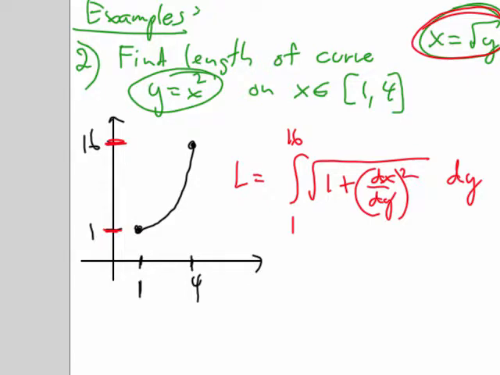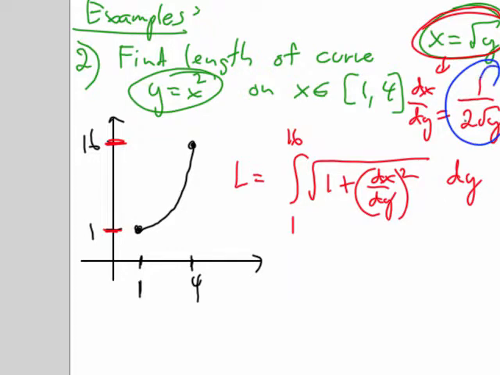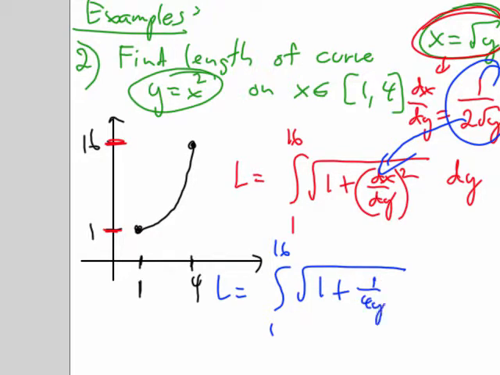So dx/dy is just the derivative of this. dx/dy would be 1 over 2 root y. So that is going to go into this spot. So when I simplify, 1 plus squaring my derivative will give me 1 over 4y times dy. So let's see what the calculator says.